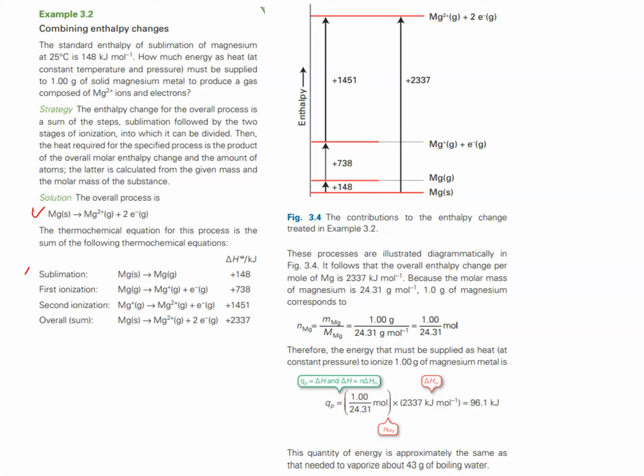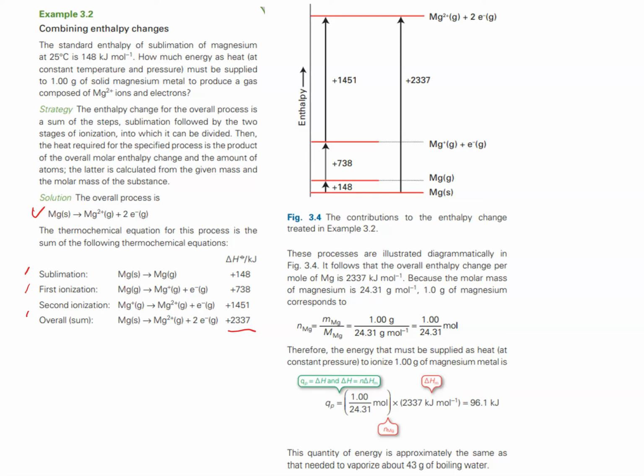We have the first ionization, where magnesium in gas phase goes to magnesium 1 in gas phase, and that's going to cost 738. We're going to have a second ionization, which is going to cost an additional 1,451 kilojoules per mole, and this is going to sum to 2,337 kilojoules per mole of magnesium to go from the solid state to the +2 gas state.